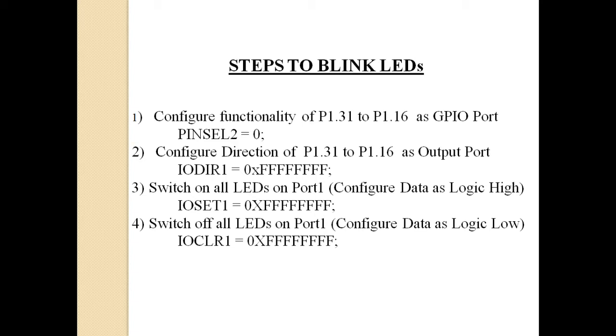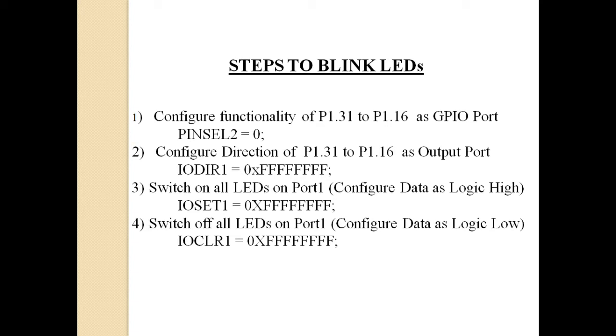Because in each pin you can write either 0 or 1 as data. So if you are writing a logic 1 or data as logic high, that pin will be generating VCC. If you are writing a logic low or logic 0 to that pin, it will be generating ground or 0.